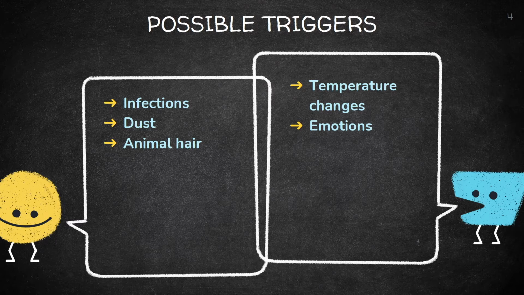One important thing to remember about these possible triggers is that for each asthmatic person, triggers may be different from each other, and some individuals with asthma may not be able to identify their possible triggers as well, because if they're able to identify the specific triggers, then it would be good to avoid exposure to these certain triggers.